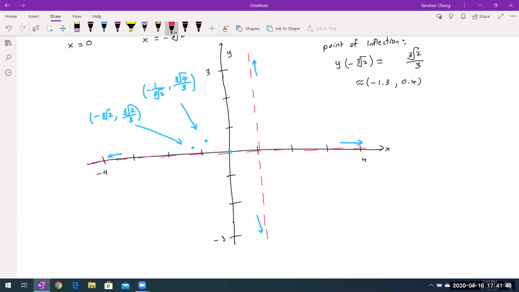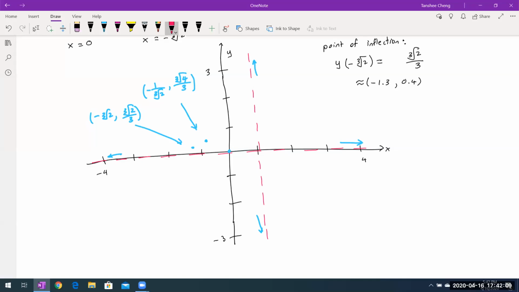And also we know the behavior around the vertical asymptotes. Approaching 1 from the left-hand side is going to negative infinity. Approaching 1 from the right-hand side is going to positive infinity.